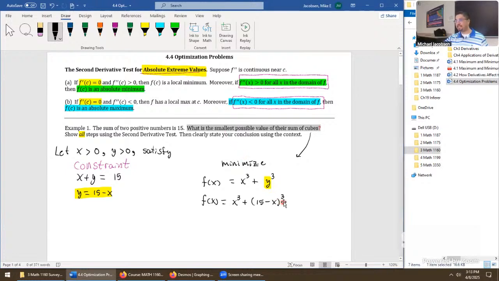So we are minimizing that function. Now calculus is back on the table. The process starts with the second derivative test. But any questions at all, folks, on this whole line right here, getting the constraint and the function to minimize?